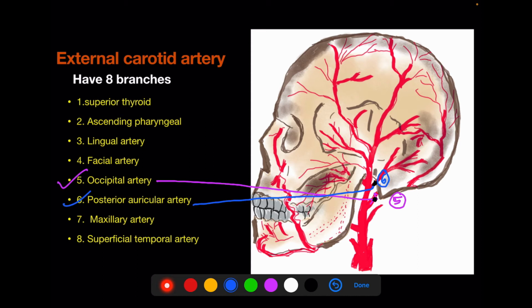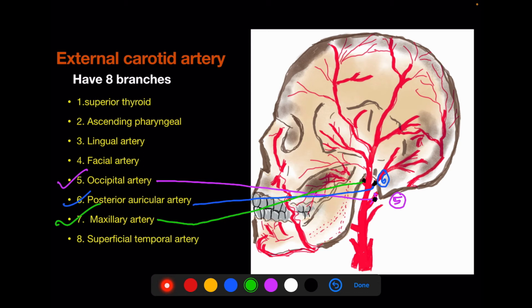Now the 7th one, that is what? Maxillary artery, which is here. I am using green for the maxillary artery, and a black spot to identify it. And the last and the final one, that is the superior temporal artery.